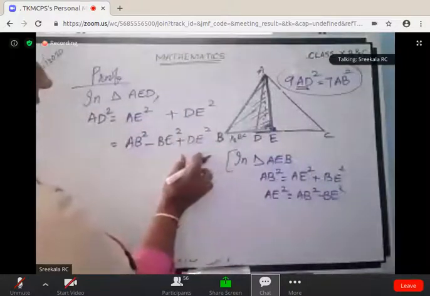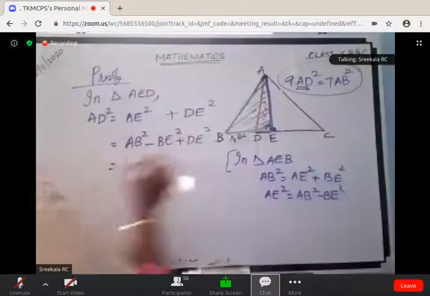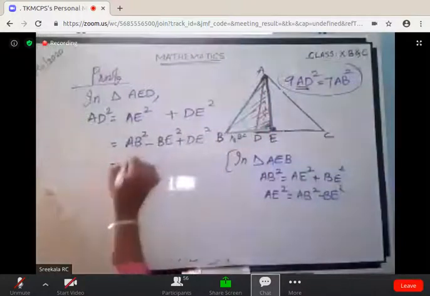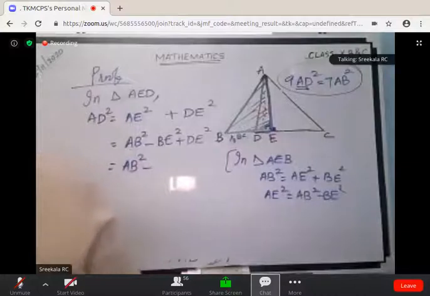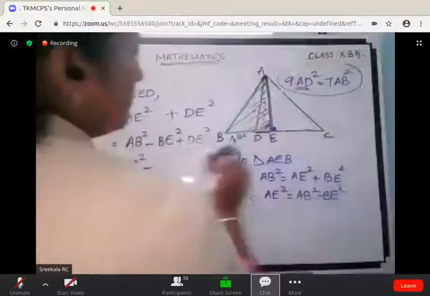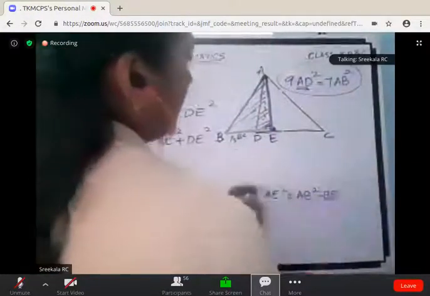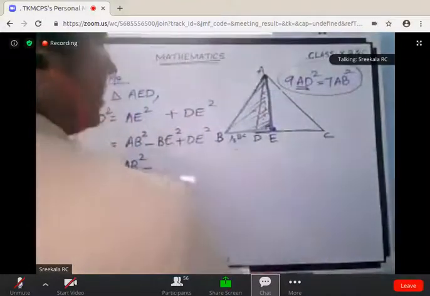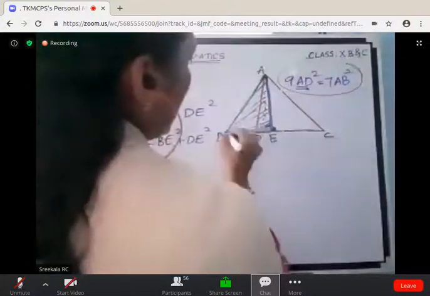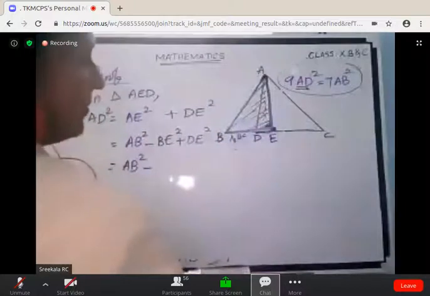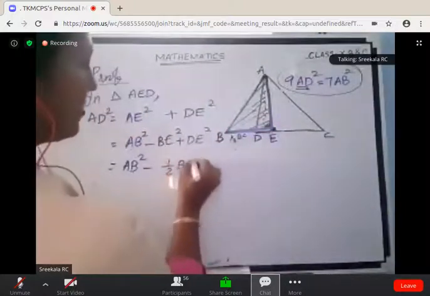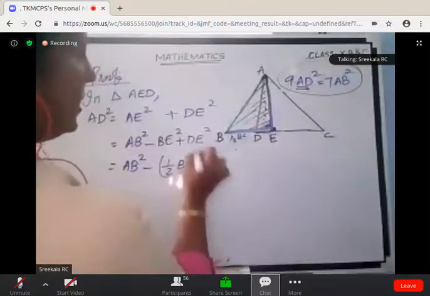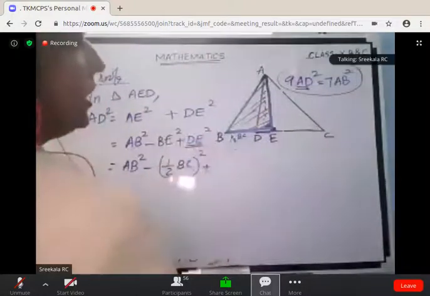DE square, no change, write as it. So after that, AB square write as it is, minus. The next is we have to change BE and DE to BC. BE can be written as half BC. BE means half BC, the whole square. Plus, we convert into DE.